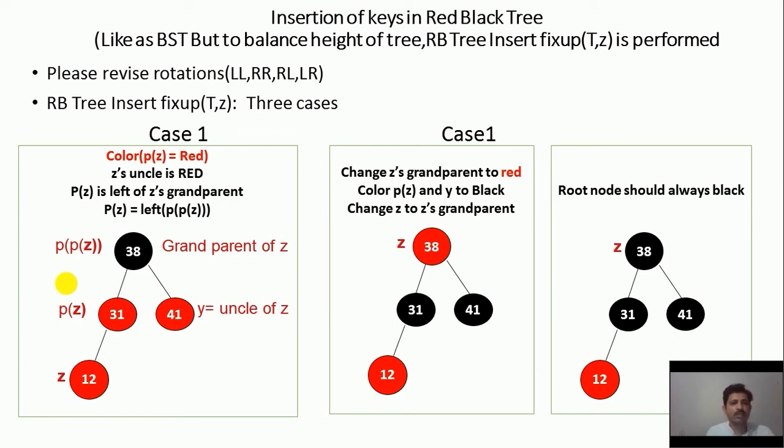So when the color of P of G is red, meaning the color of the parent is red, then we have to check three cases.